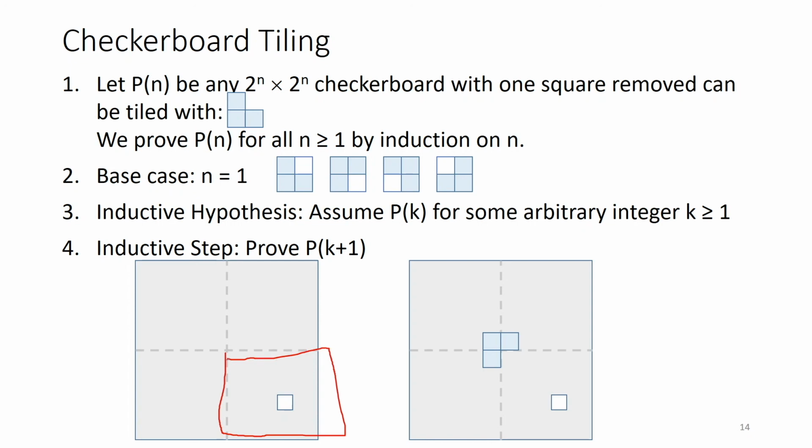We want to prove P of k plus 1, this part, and so we can place a block over here. We want to make all quadrants have one block missing. That is the same as this part. This is true, true, true, true. We solved that problem. Okay.